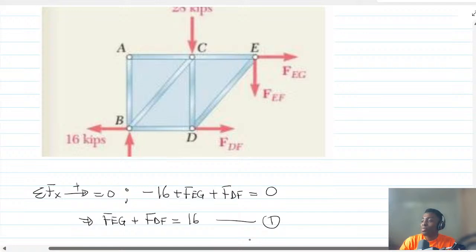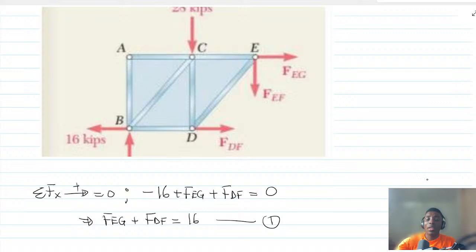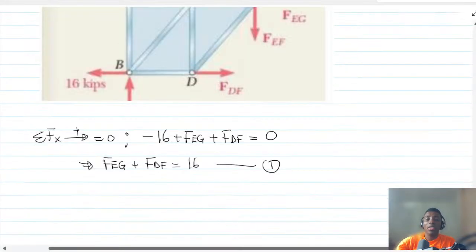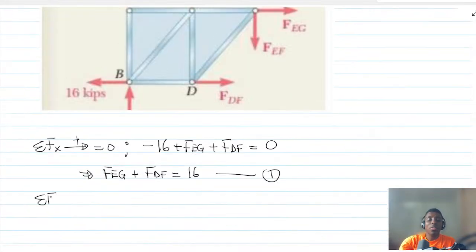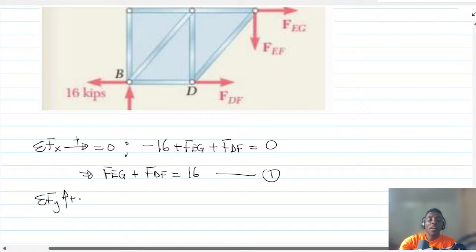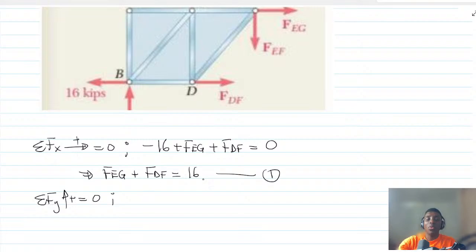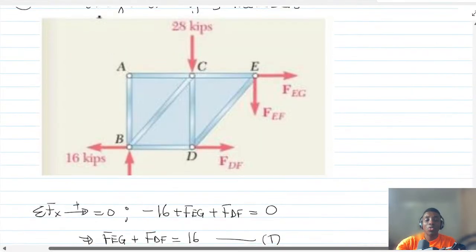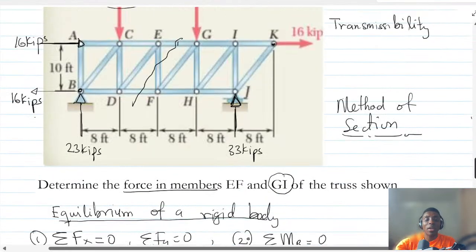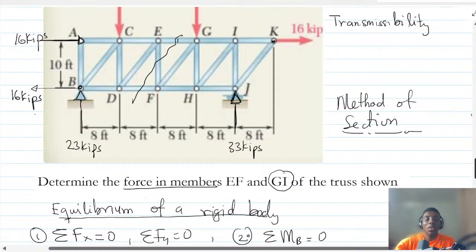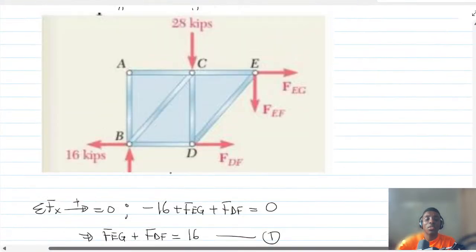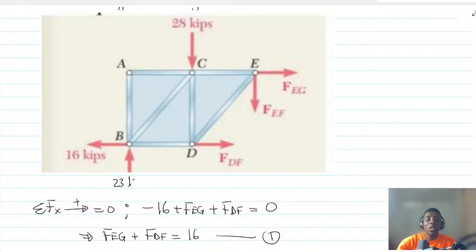Okay. And then look at the body again. Summation of forces along the y. Every force positive to be 0. And then what do we have? There is supposed to be a reaction in the y direction, which is 23 kips. It is here. 23 kips.